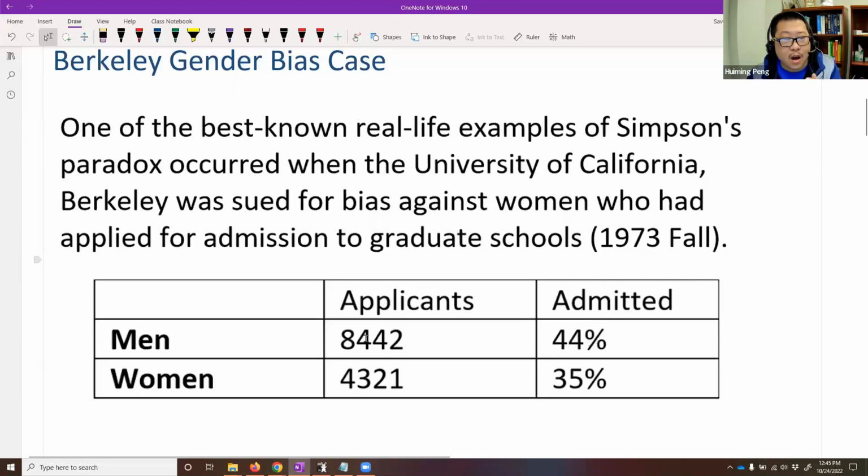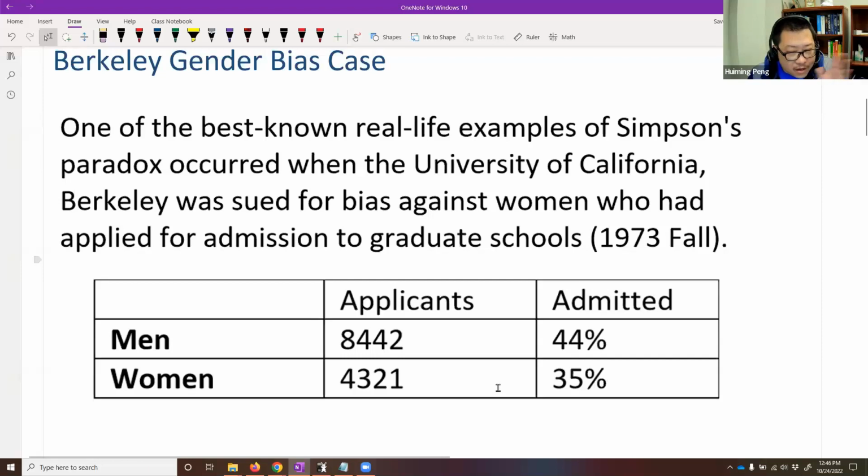It means 44% of these 8,000, so we can multiply them together to know how many male students were admitted, about less than half, probably like 4,000. It's a huge school. And for the female students, only 35% were admitted. So this number times 0.35 gives you how many female students were admitted.